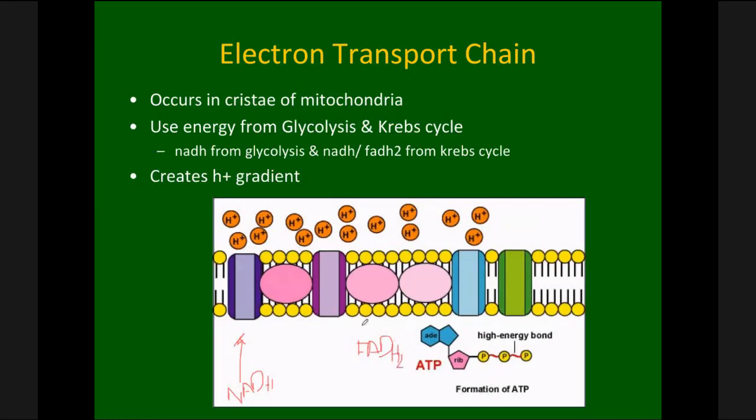It has a different electronegativity, so it's just going to add its electron at a different location on the electron transport chain. It's got a different energy potential. But again, don't worry about that too much. Just know that they're both contributing hydrogen and electrons to run the electron transport chain. Okay. Good. And again, the net goal of the electron transport chain is to create that hydrogen gradient storing energy.